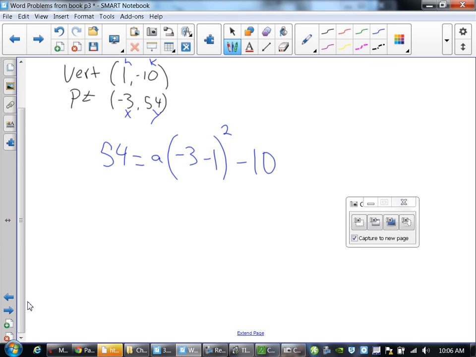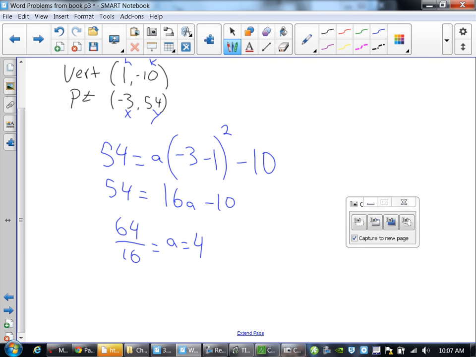What's -3 minus 1? And what's -4 squared? 16. So I have 16A minus 10 is 54. Add 10, divide by 16, and that gives me my A value, which is 4.